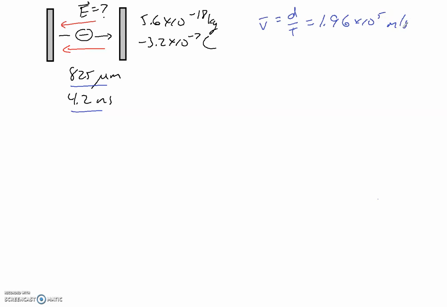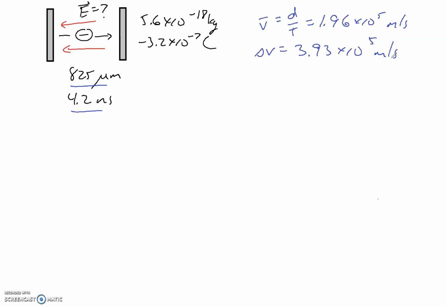If that was the average v, and it starts at 0 and hits the other plate at maximum speed, all we have to do is double it, and we'd have the change in v for our little charged object, which would be around 3.93 times 10 to the 5 meters per second. So there are my v's.